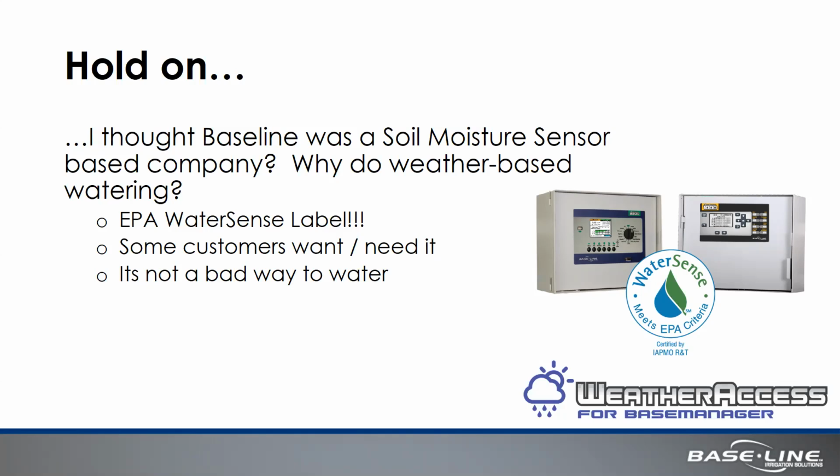And the answer is simple, in that by incorporating weather into our control system, Baseline was able to achieve the WaterSense label criteria from the EPA, which allows us to be installed on more projects in more cities in more water restricted prone areas. So we're very excited about this capability. We've been doing it for just over a year now, and it's working very well for us.